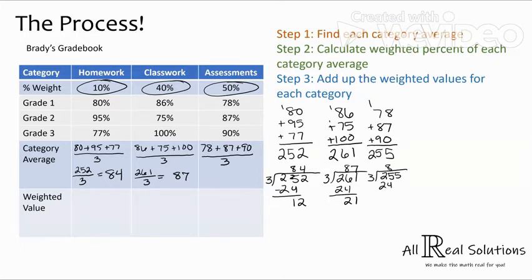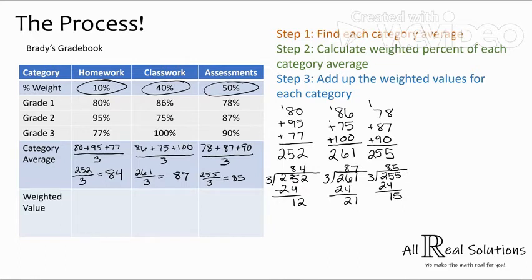Again, 3 times 8 is 24. Bring down the 1, 5. So 255 divided by 3 is 85. So Brady's looking pretty good. He has a B average in all 3 of his categories. So you would know that since Brady has a B in each category, he will end up with a B in the class. But we want to calculate his actual grade.